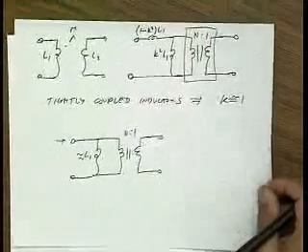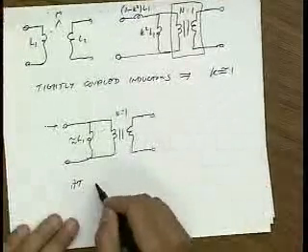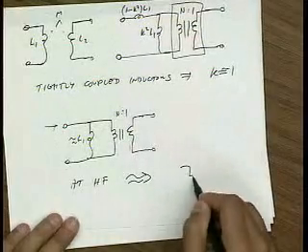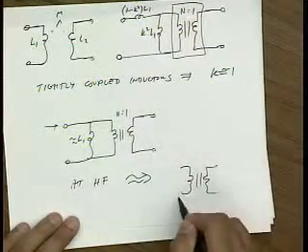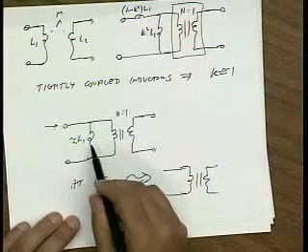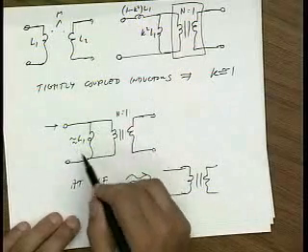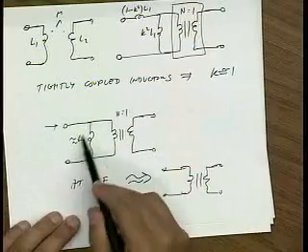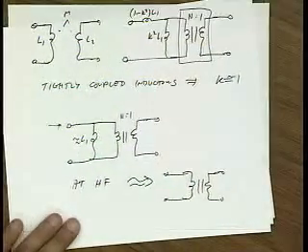So let's look at how you would build a high-frequency transformer. Actually, before I go there, let me just say, at high frequency, this approximately approaches an ideal transformer, because this is an open at high frequencies, right? If this is large. So to make the transformer work, I need to make the winding inductance large enough.